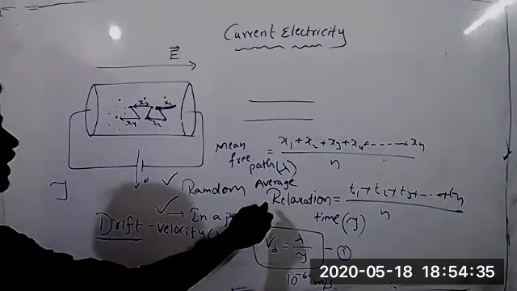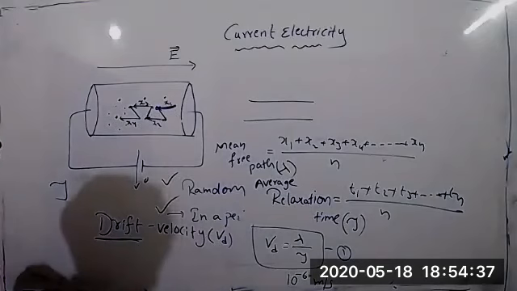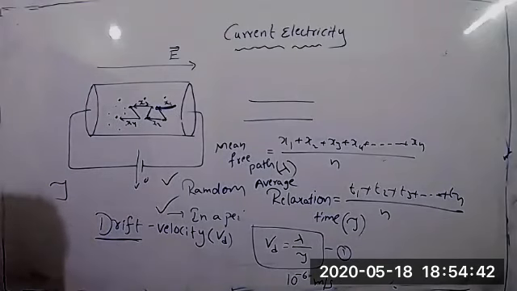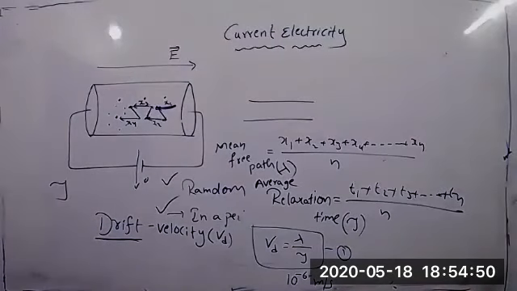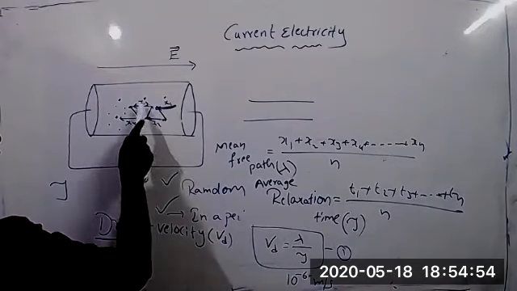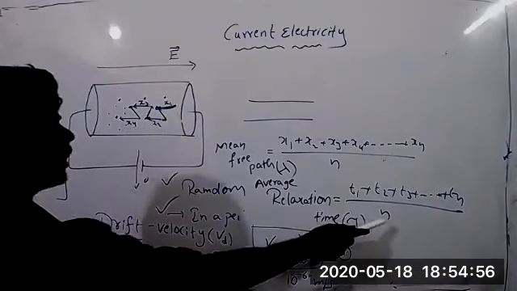That time interval between two successive collisions is called relaxation time. Average relaxation time means T1, T2, T3, T4 and so on, divided by n.